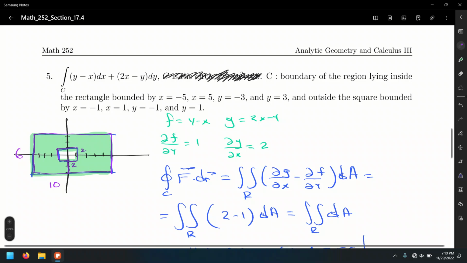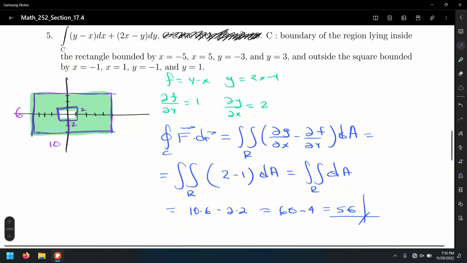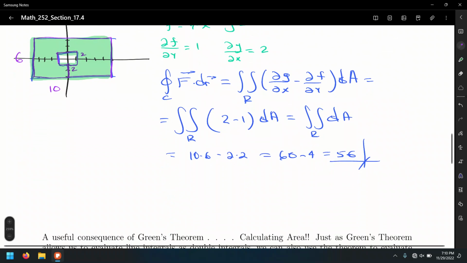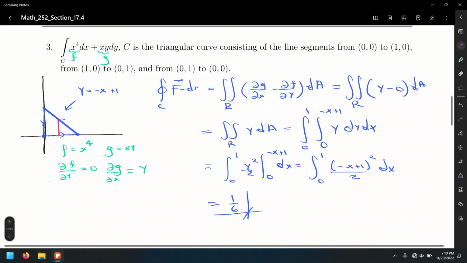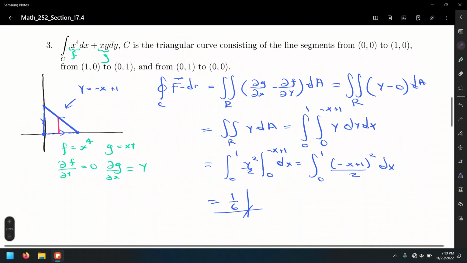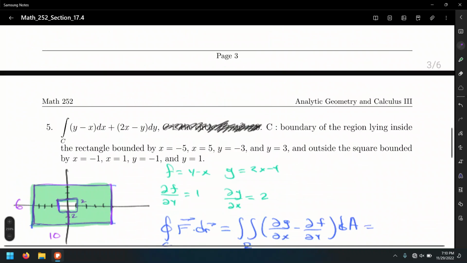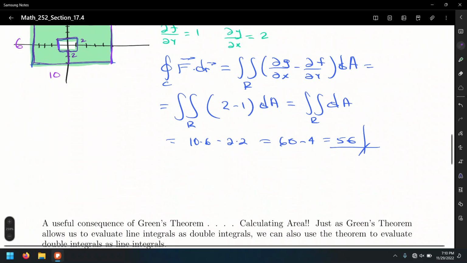Well, if it happens to be one shape that we know for sure, then we can get it. But otherwise, just evaluate the double integral, like example number 3, in which we had to evaluate the integral because it wasn't really the most known shape. All right.